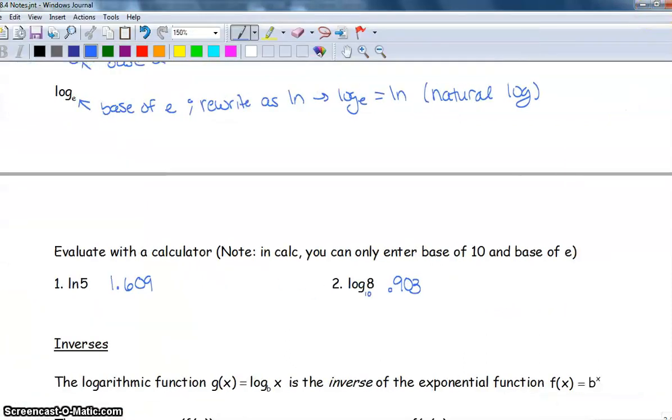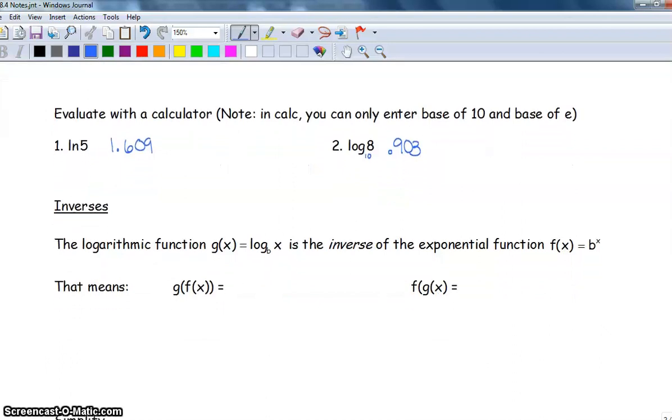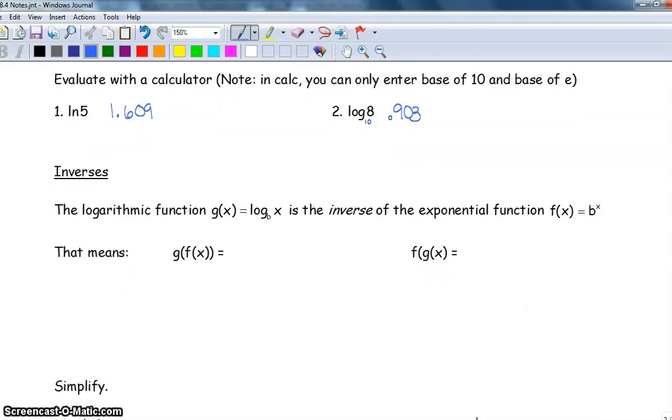Alright, back to inverses. Last chapter we talked about how to find inverses of functions, and earlier today, we talked about going from logarithmic to exponential functions. And the logarithmic function is actually the inverse of the exponential function. So that means that when I find the composites of each of them, they should equal a positive x.